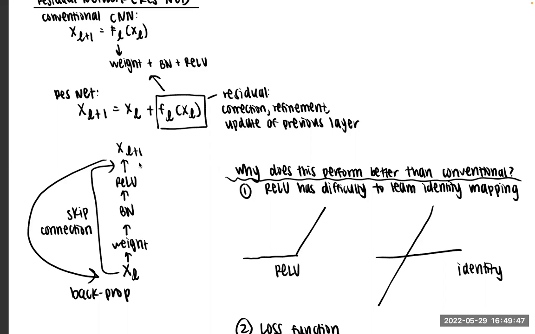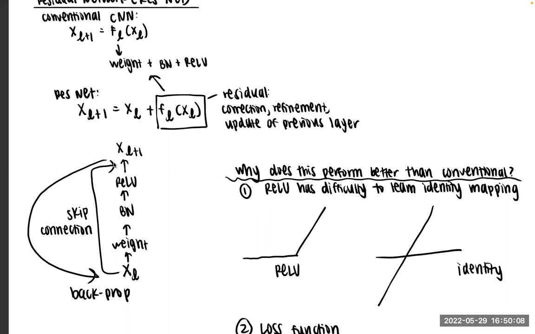Okay, and then when you do backpropagation, you see you now have two branches. People call this a skip connection, because you skip all those layers. You directly copy XL to XL plus 1 and then add the residual.